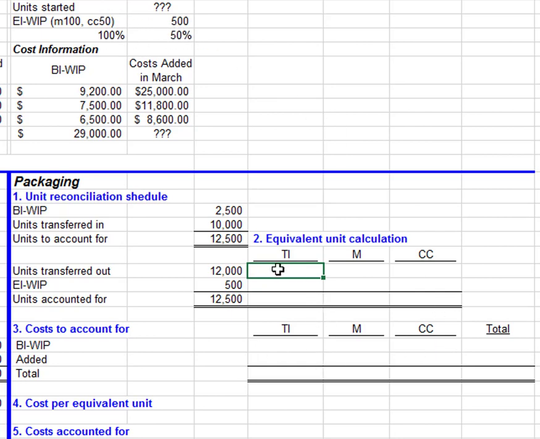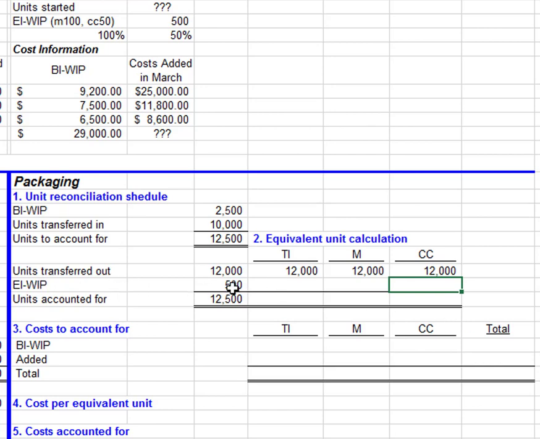Now the transferred in component, how complete is it? Well, it's always 100% complete because we're talking about how complete it is with regards to the previous departments. So of these 12,000 units transferred out, we've got 12,000 units of transferred in component, 12,000 units of material component, and 12,000 units of conversion cost component.